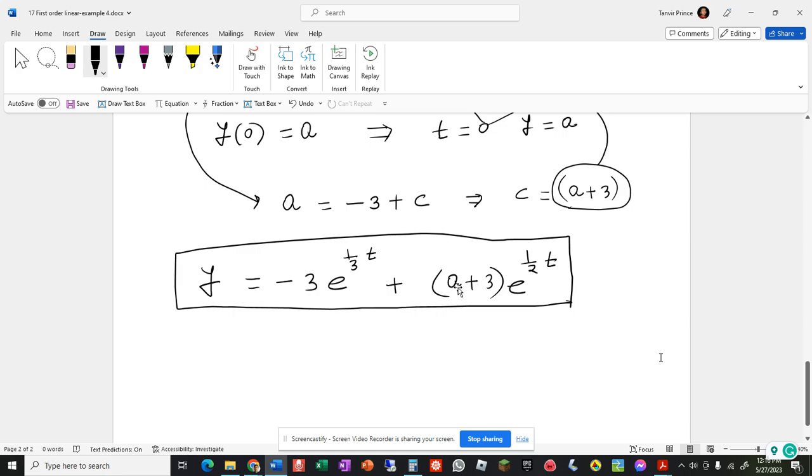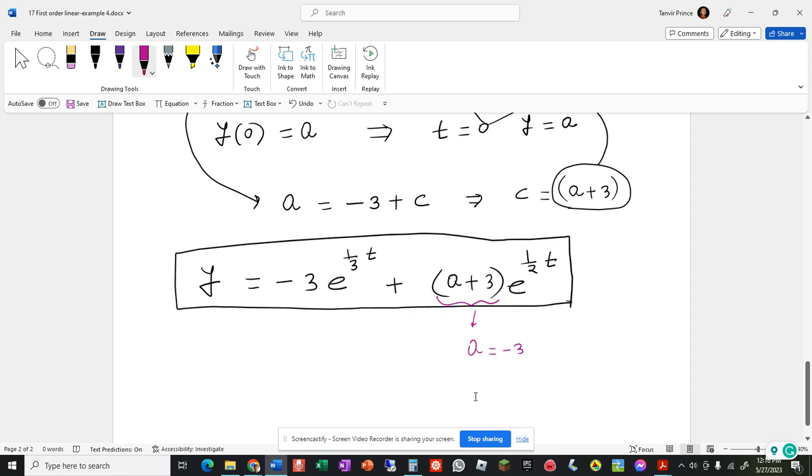So now you're thinking of a as a parameter, and let's graph this in GeoGebra and see, is there any specific critical value. You can probably guess, right? Just looking at this factor, when a is actually negative 3, this part completely vanishes, and you end up with only this part.